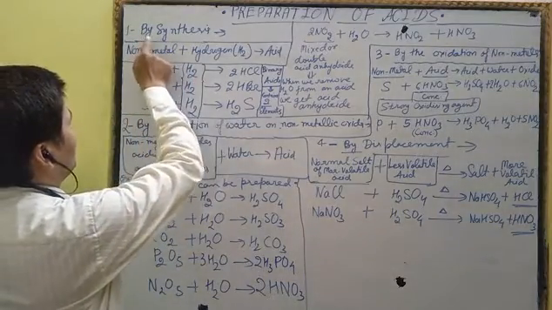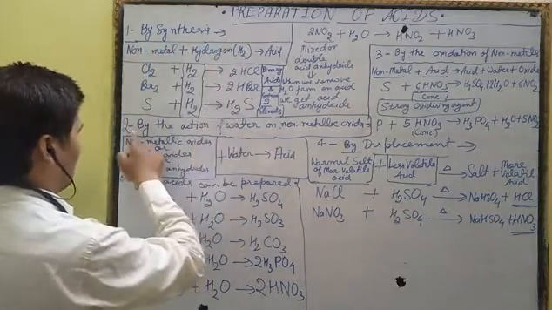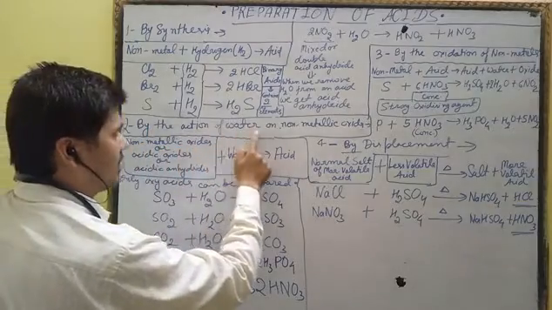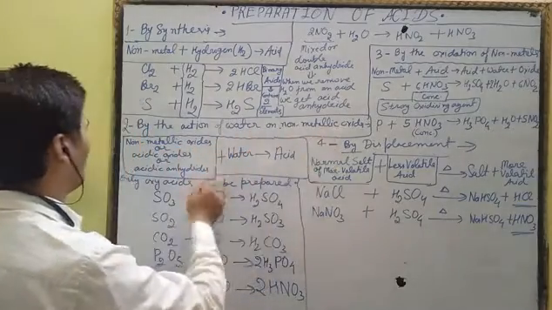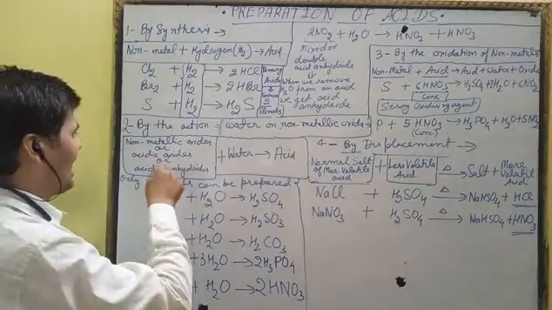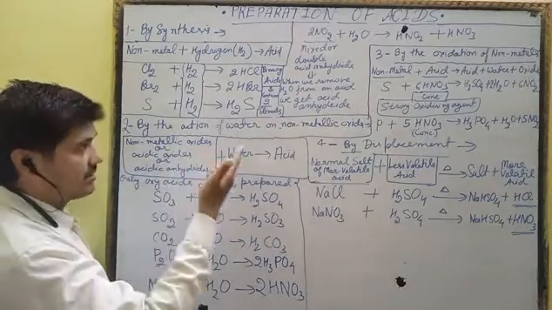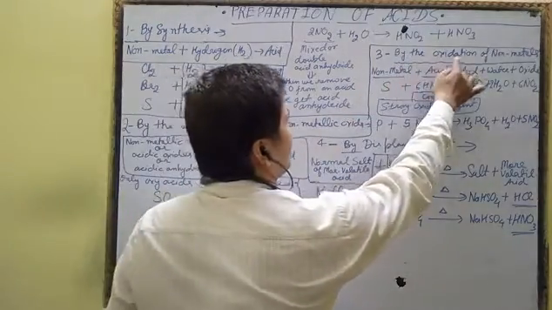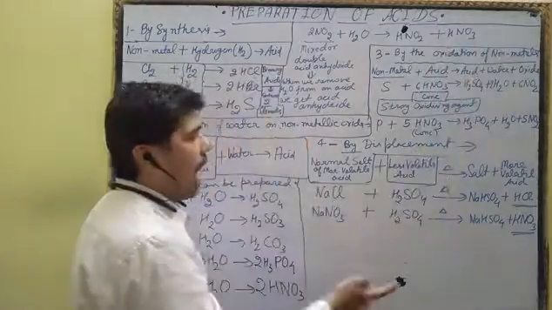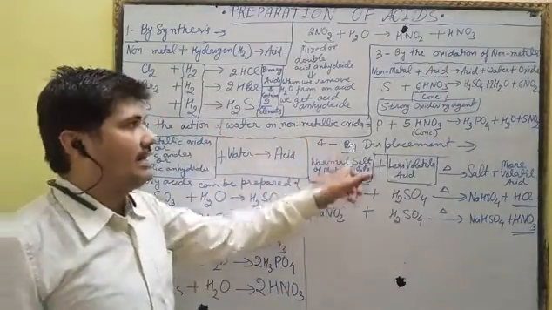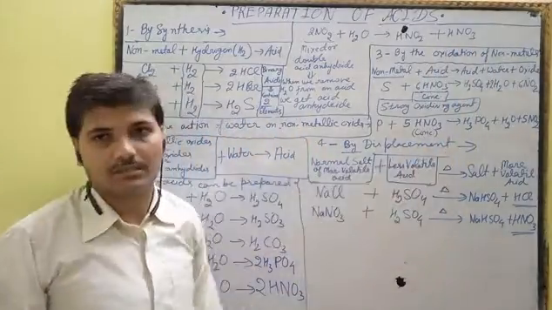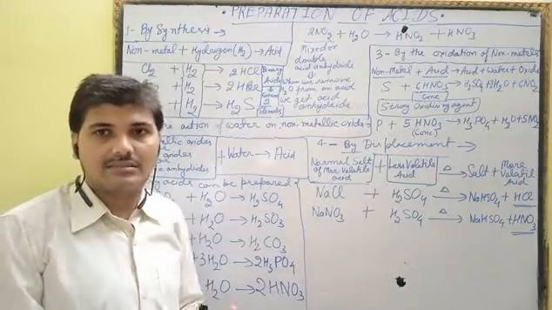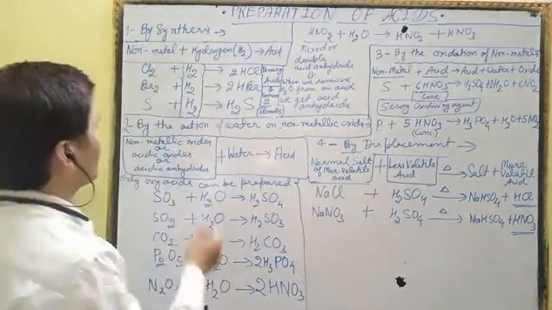First method is by synthesis. Second is by the action of water on non-metallic oxide, or acidic oxide, or acid anhydride. Third method is by the oxidation of non-metals, and fourth method is by the displacement method. Okay, let's discuss one by one.